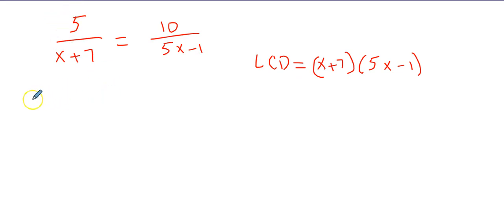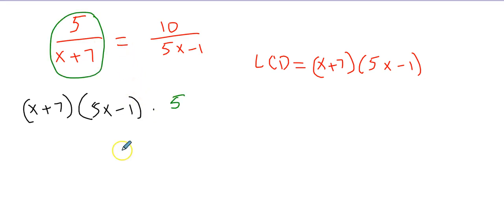So I write here x plus 7 times 5x minus 1 times the left hand side, that is 5 over x plus 7. Let me have it in parentheses just to avoid any confusion.